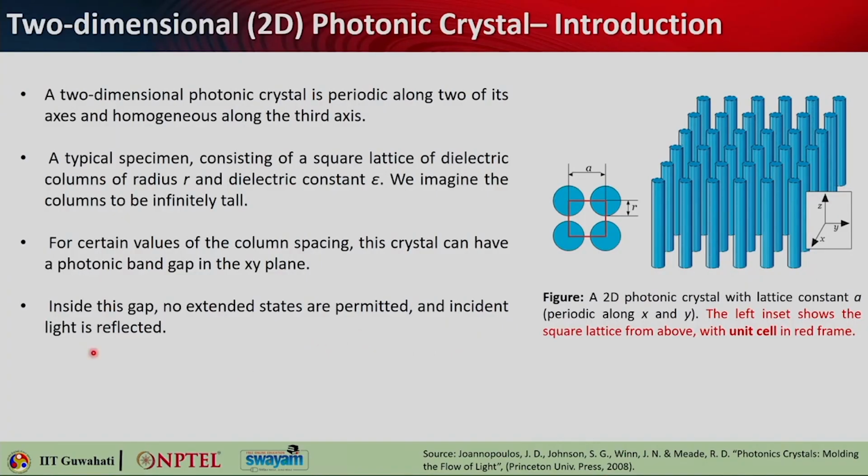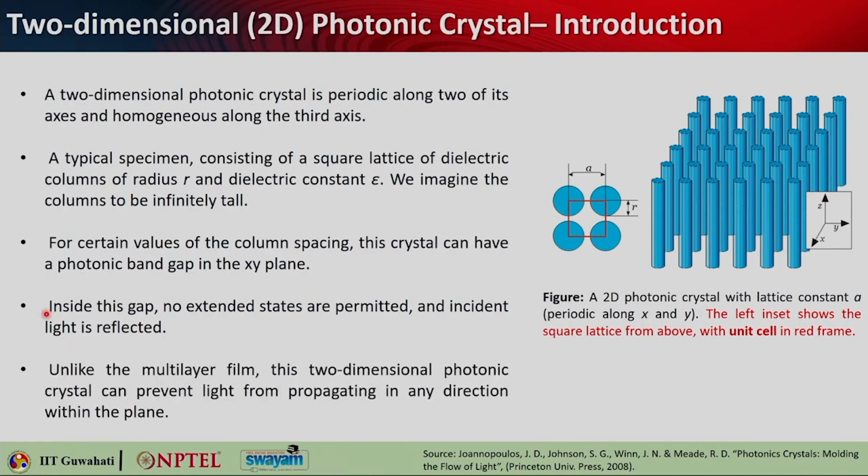So if light propagation is not permitted through this crystal at that particular frequency band, what will happen to the light? It will simply get reflected. Okay, so the incident light gets reflected. And unlike a multi-layer film, this two-dimensional photonic crystal can prevent light from propagating in any direction within the plane.